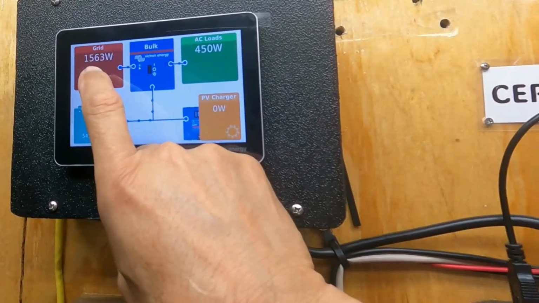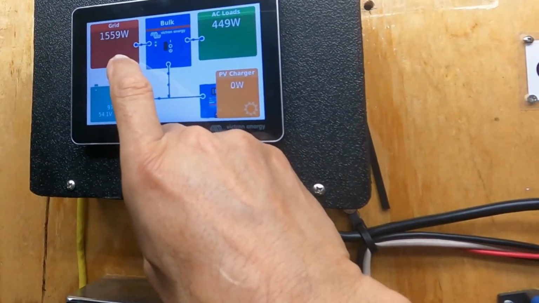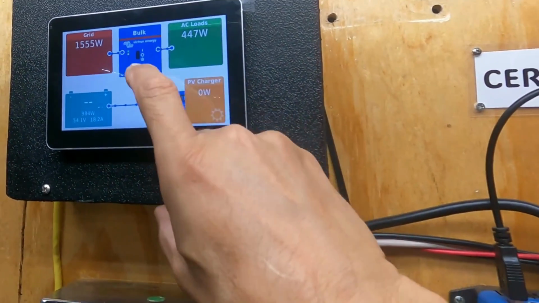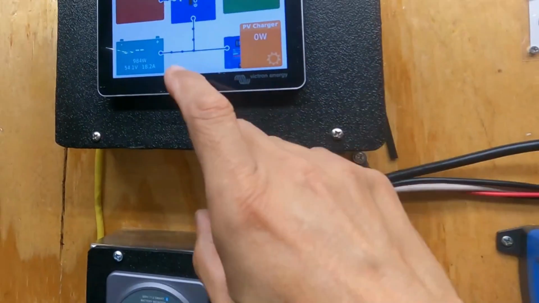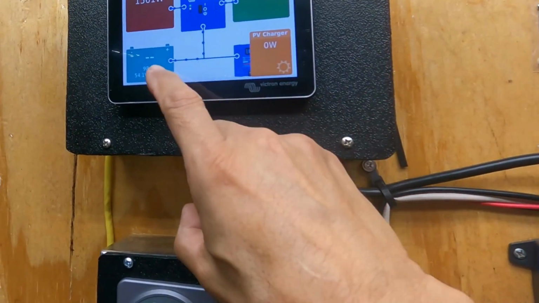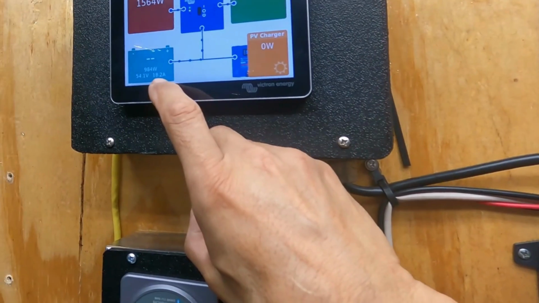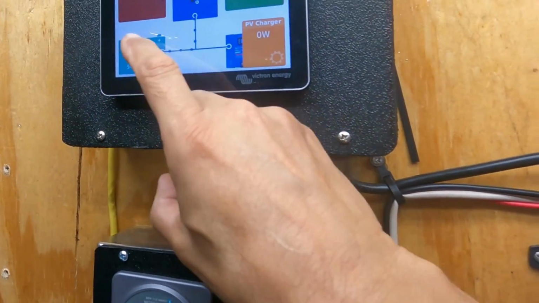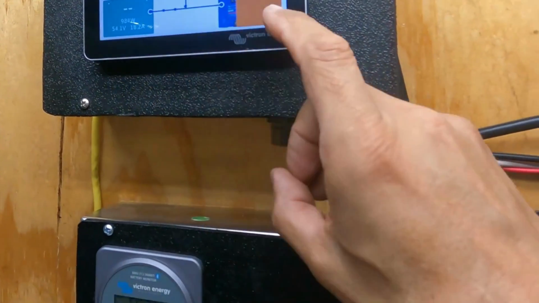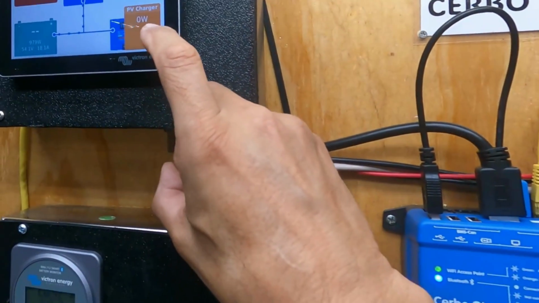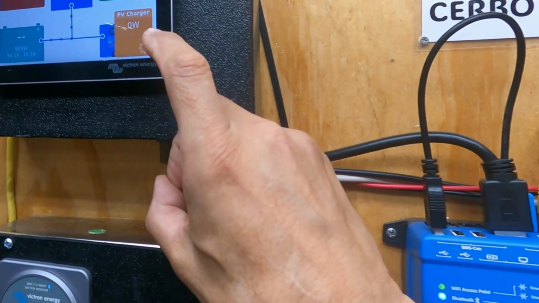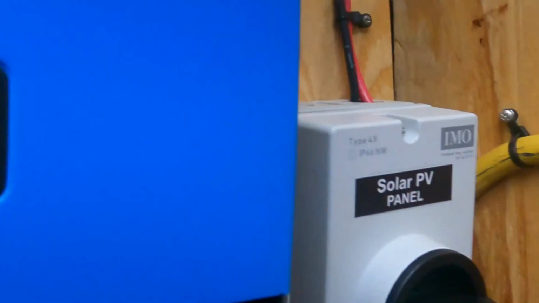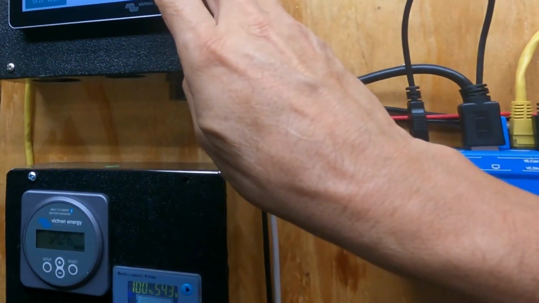I am receiving 1.5 kilowatts from the shore power entering here in the inverter charger, and the inverter charger is charging the battery bank at 18.2 amps per hour. You see, the battery charger is receiving nothing from the solar because we don't have sun in this moment, and I have the solar panel switch off.